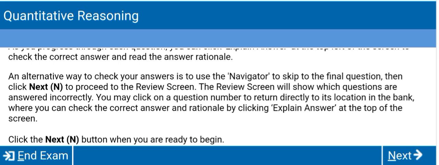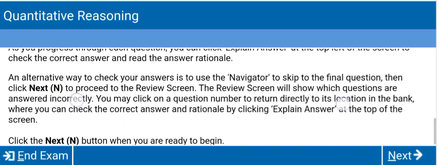You may click on a question number to return directly to its location in the bank, where you can check the correct answer and rationale by clicking Explain Answer at the top of the screen. So click the next button when you are ready to begin.